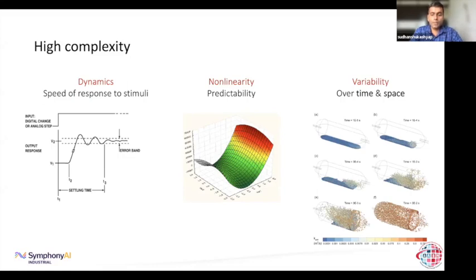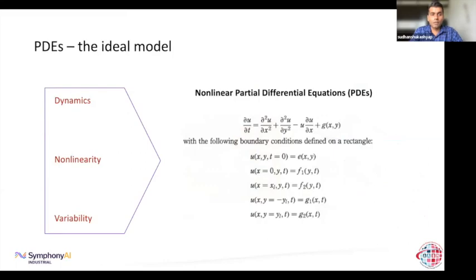If you want to put a mathematical model of an industrial system, where we want to capture dynamics, non-linearity, and variability together, then we go to partial differential equations and try to mimic the behavior using mathematics and physics.